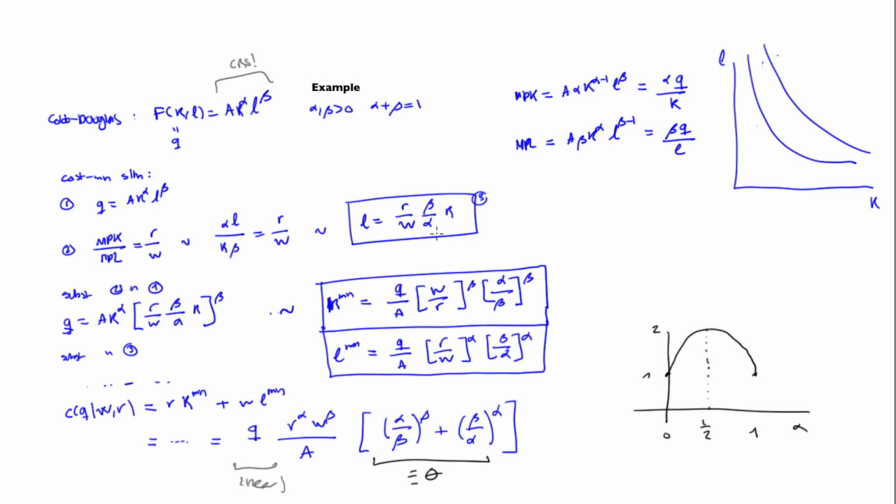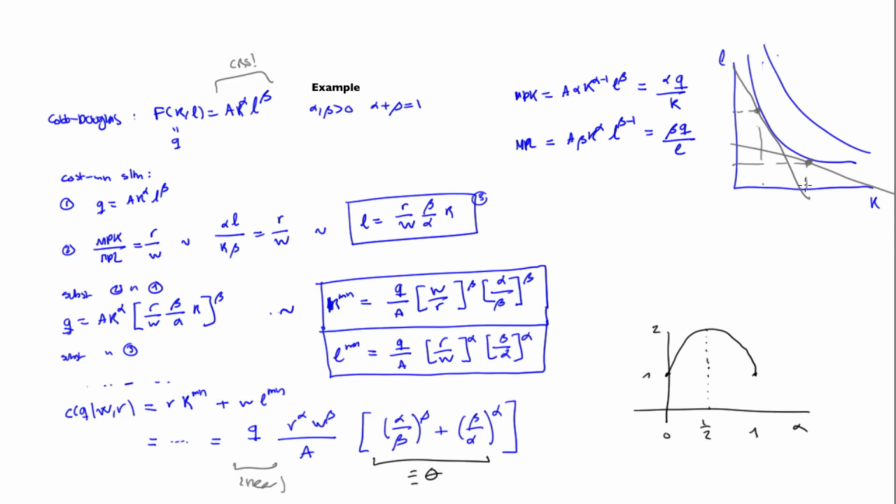In particular, for example, look at what happens when the relative price of capital is very high. Let's say when you're in a situation like this, that's the iso-cost line, you use a lot of labor and very little capital. When the relative price of capital goes down, let's say it moves like this, you stay in the same isoquant at the solution, but the relative amount of labor that gets used goes down.